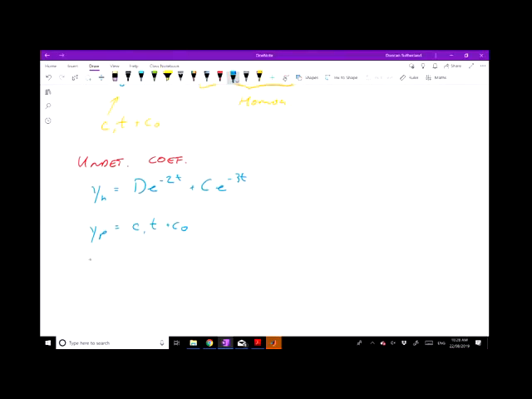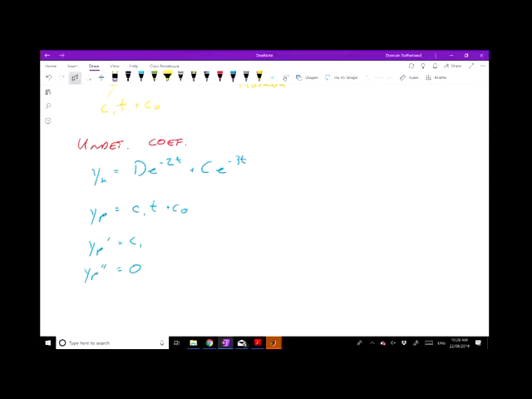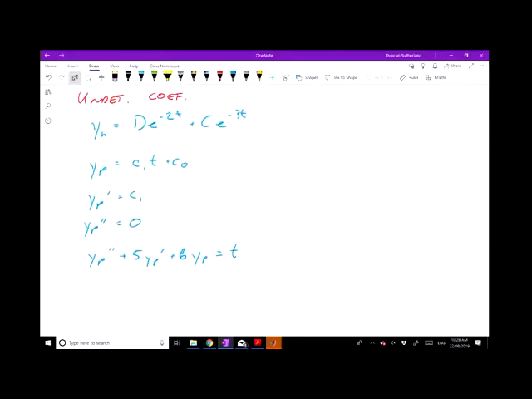And now we just go through the process. Because it's a polynomial, it's very straightforward. What's my equation? Plus 5yp prime plus 6yp equals t.